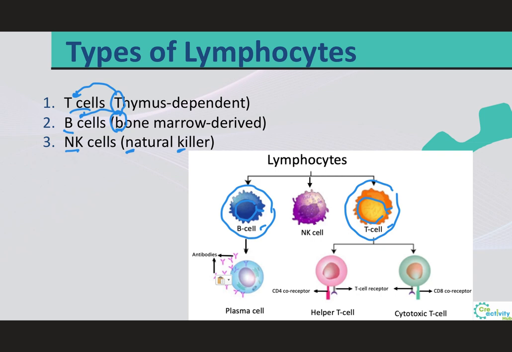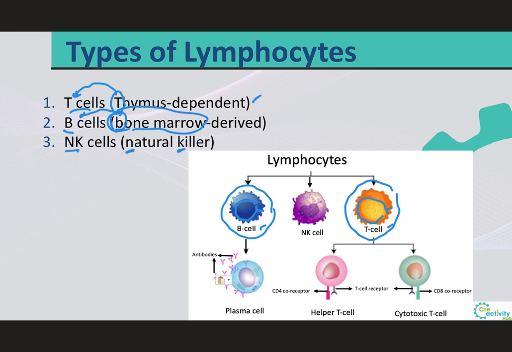Now, while B cells mature in the red bone marrow, that's why they're called B cells, the T cells are going to mature in the thymus, and that's why they're called T cells. But both of them initially developed from the bone marrow. So again, the B cells mature in the red bone marrow, the T cells mature in the thymus, but both will develop from the bone marrow.